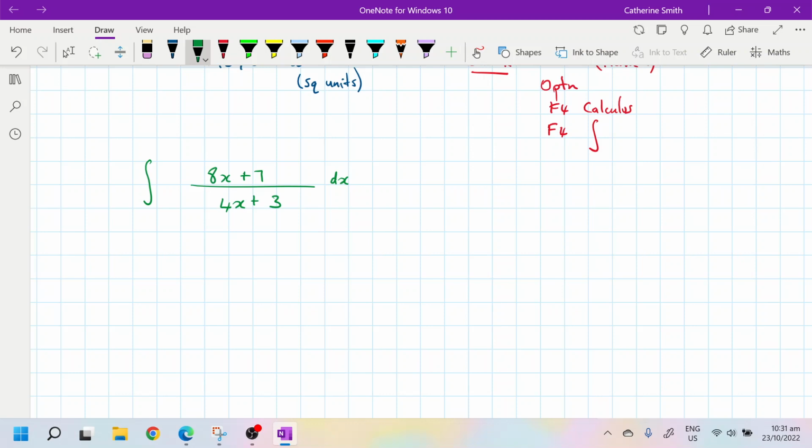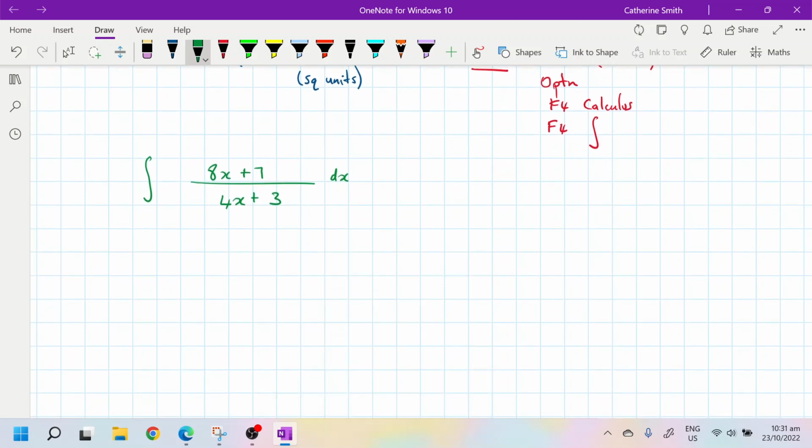Right, so what we need to do is, let's do the method where we do the long division first. So it's 8x plus 7 divided by 4x plus 3. Right, now remember what I said, you just look at the first one.